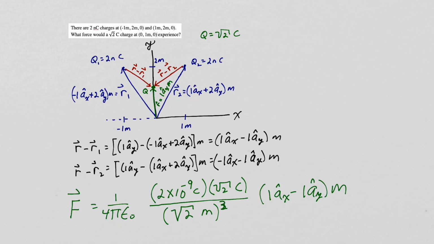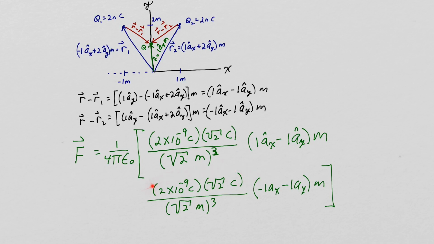Since superposition holds, we can now find the force on Q due to Q2 and just add it to this force due to Q1 on Q. So here is the term for the force on Q due to Q2.